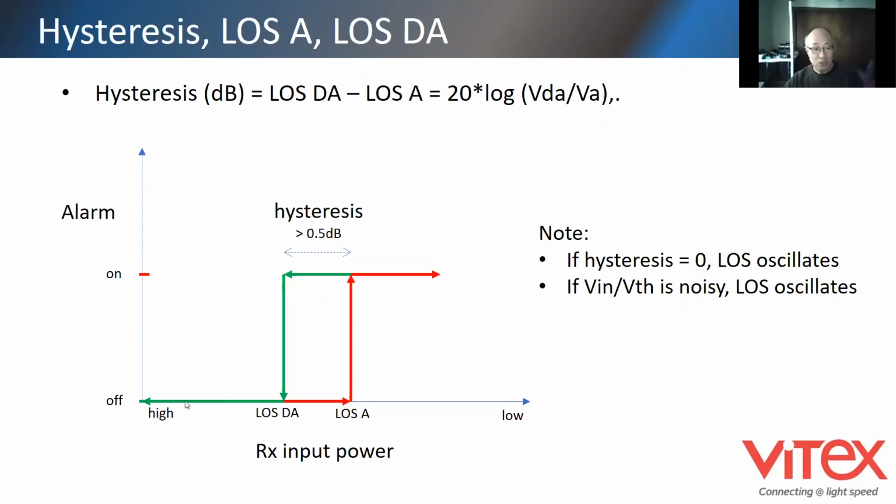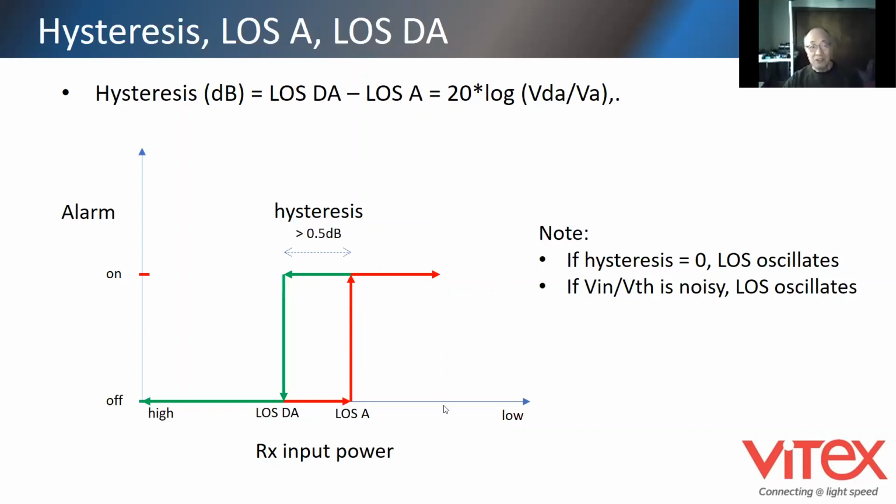As the attenuation starts to increase, the power becomes less, and then goes to a set point, which is set by the threshold, and then it kicks in and goes to alarm, right? It will remain in alarm for whatever input power is equal to or less than the LOS assert point.